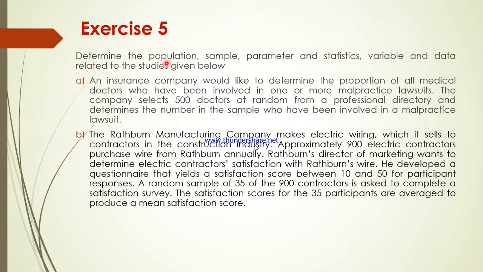In each study, you have to identify what is the population, what is the sample, what is the parameter, what is the statistic, and what is the variable and data related to these studies, right? So take part A and first describe what is the population for this study. Put your answer in the chat box.